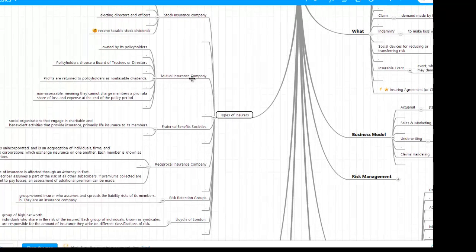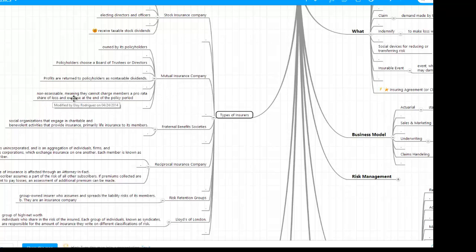Now, this is a mutual insurance company, which I belong to one of these for life insurance, and this is actually owned by the policyholders, not the stockholders. And they choose a board of trustees or directors to run it. And profits are returned to the policyholders as a non-taxable dividend.